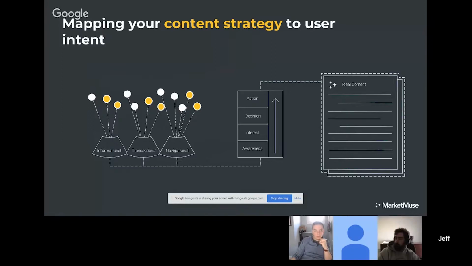Chasing rankings for specific keywords and not thinking about, does this page rank for hundreds of things? Only focusing on that one particular term gets you in so many pieces of trouble. And one of them is, you don't really understand your buyer journey. You don't understand whether you have content that meets those needs.